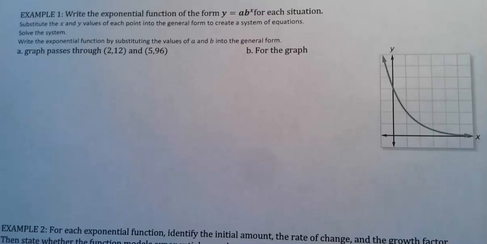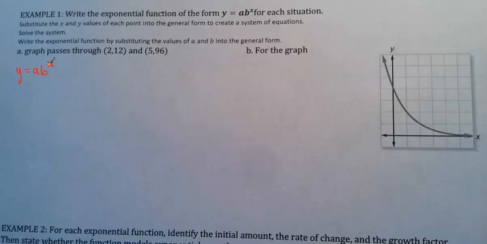So first of all, for a, we've got a graph that passes through (2, 12) and (5, 96), those coordinates. So we're going to substitute the x and y values of each point into the general form. Our general form is y equals ab to the power of x.